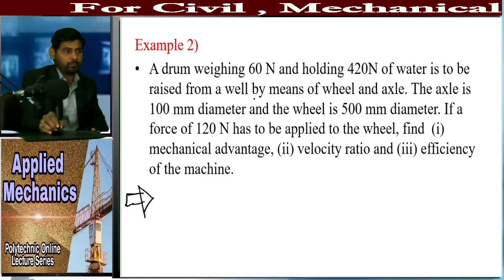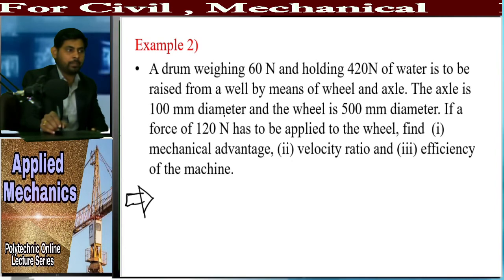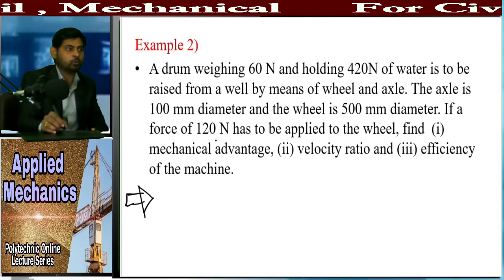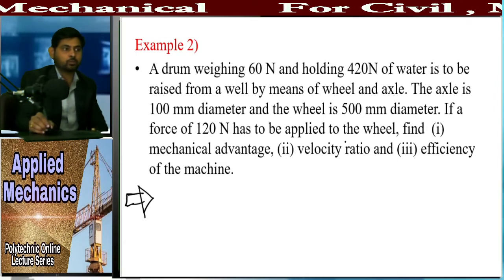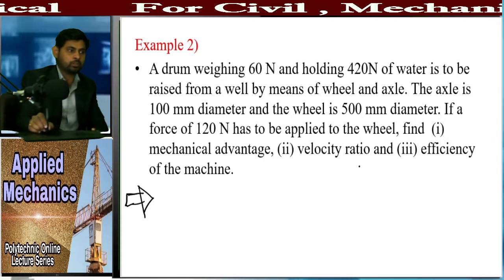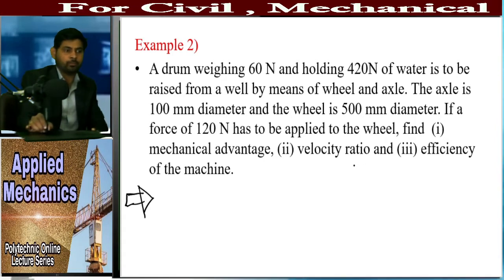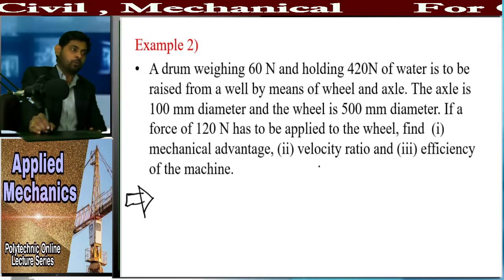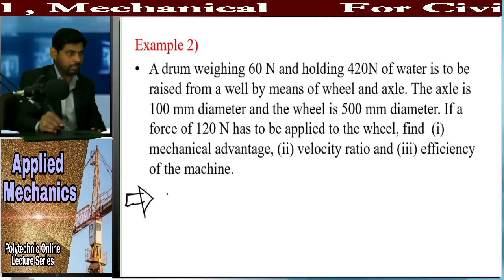The axle is 100 mm diameter and the wheel is 500 mm diameter. If a force of 120 Newton has to be applied to the wheel, find mechanical advantage, velocity ratio and efficiency of the machine. So we have to find out the given data first.